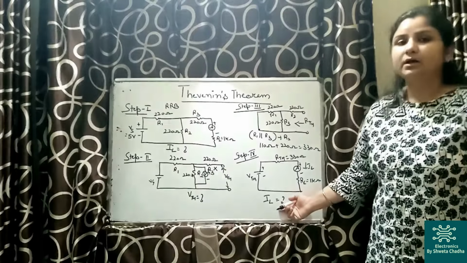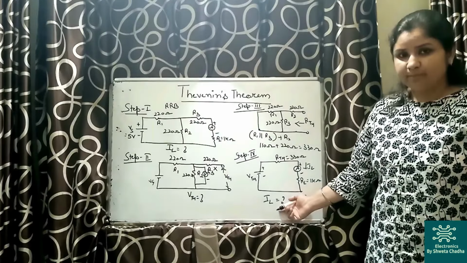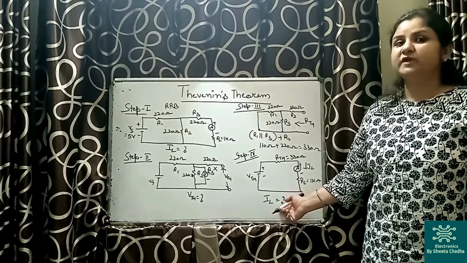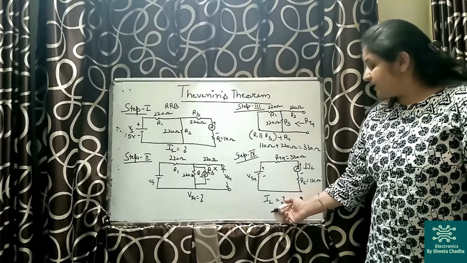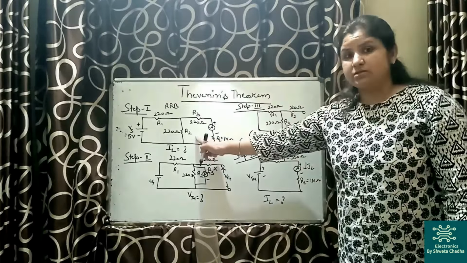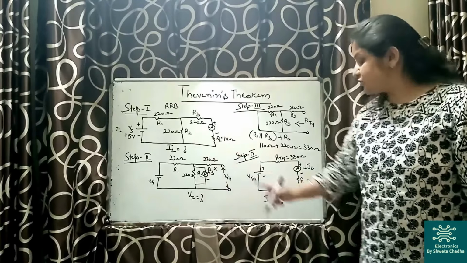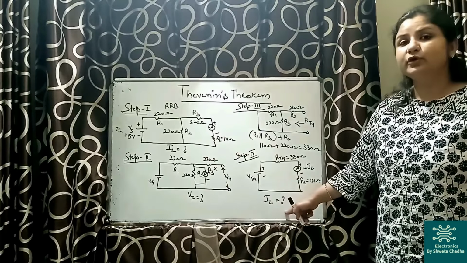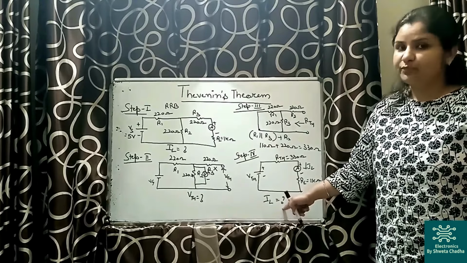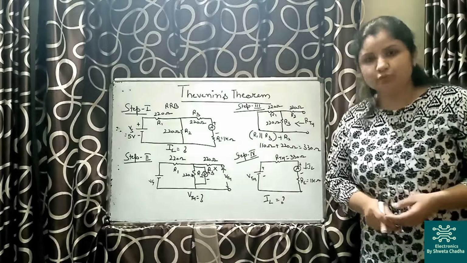So we will calculate IL in this circuit diagram as well. How will we prove Thevenin's theorem? IL in circuit diagram number 1 will match the current flowing in step number 4. Hence, Thevenin's theorem has been proved.